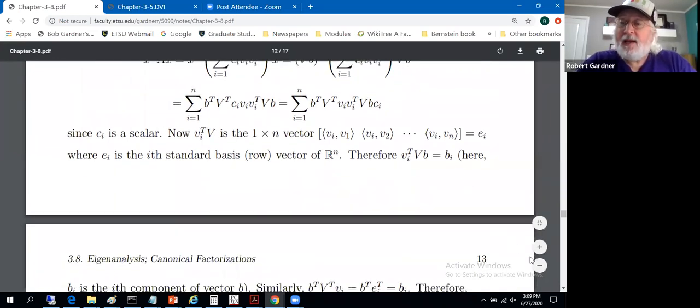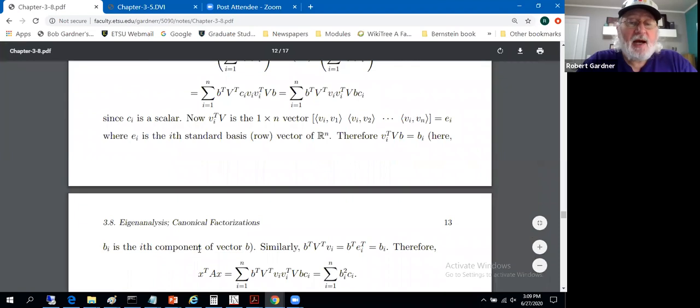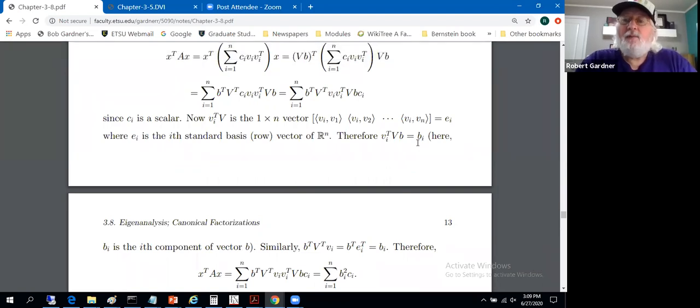By B sub I I explicitly mean the ith component of vector B. Also, we're technically getting a 1-by-1 matrix out, but we've agreed with Gentle to treat 1-by-1 matrices as if they're scalars. So this piece of that product upstairs just produces a B sub I.